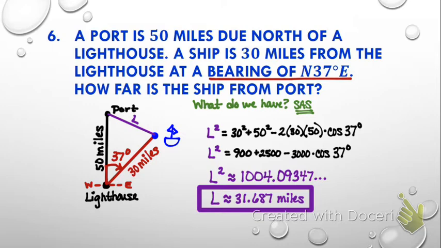Law of cosines is the only thing that'll work for me. If I had angle side, yes, then I could use law of sines. Because with angle side, I can match this angle and the side across from it, and then this angle, and I could find the side across from it.